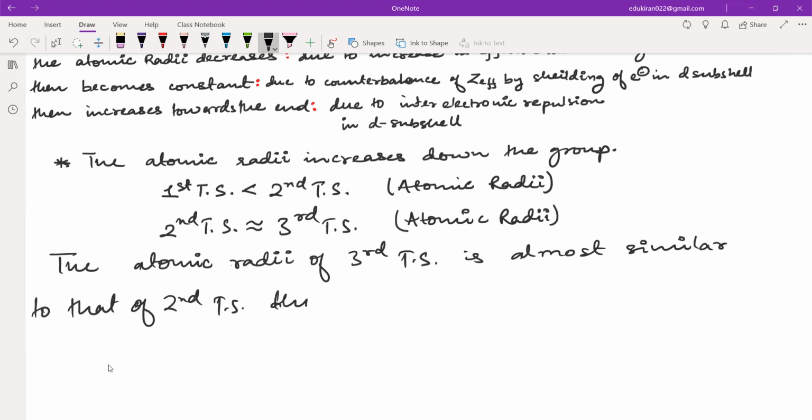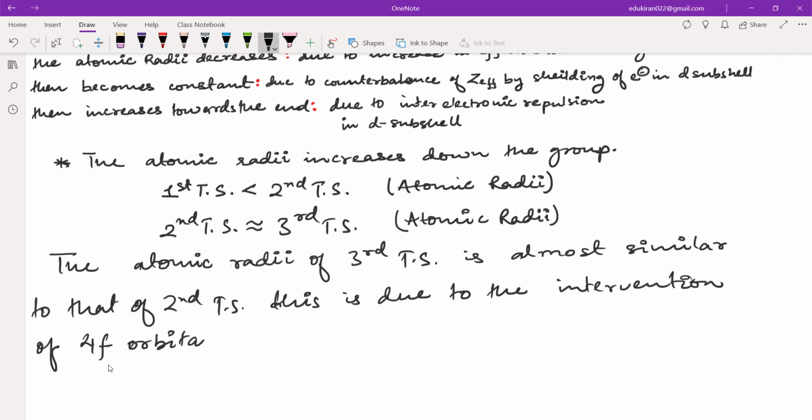This is due to the intervention of 4f orbitals, which are filled before 5d subshell.